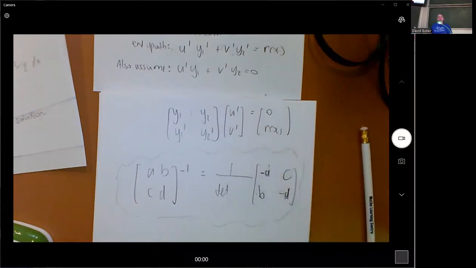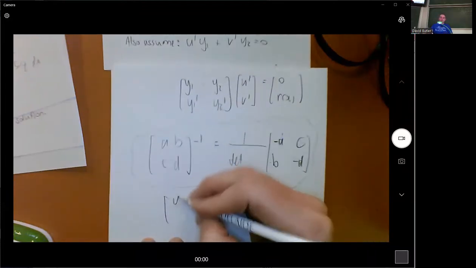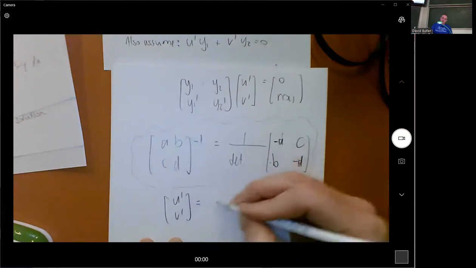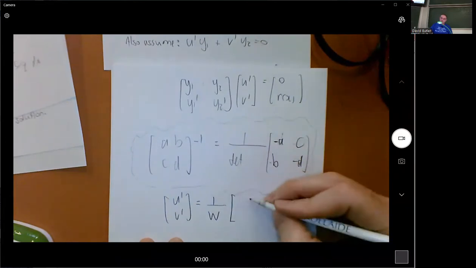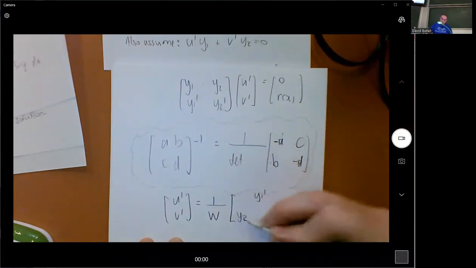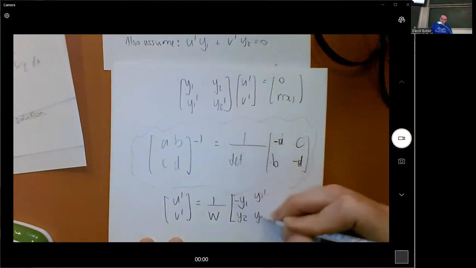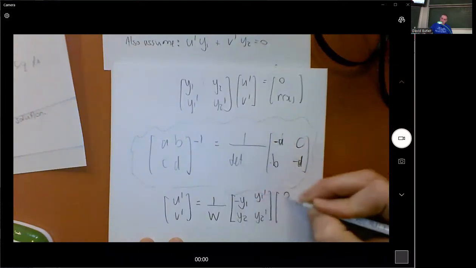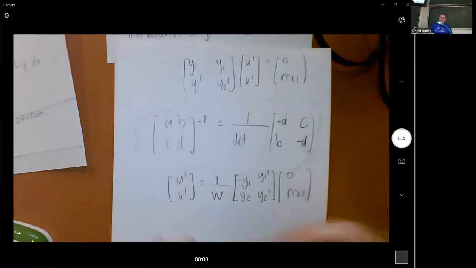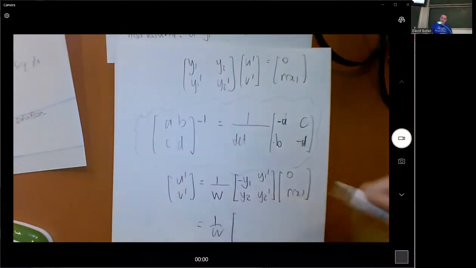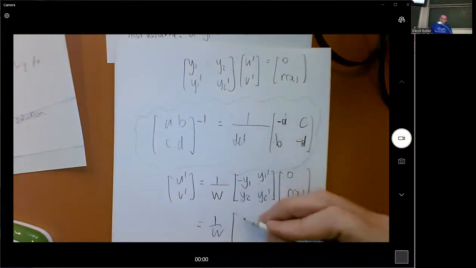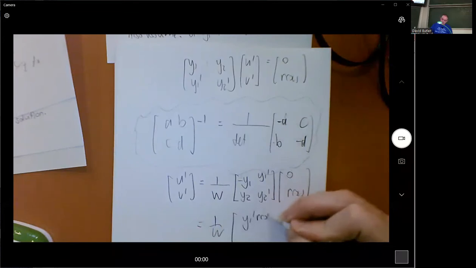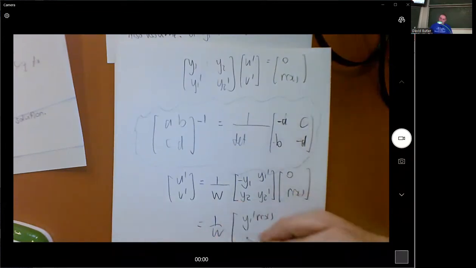Yeah. And so because of that, your u dashed, v dashed is going to be 1 on the Wronskian times switch these two and minus these two, times 0 and R of x. And so you'll get 1 on W times this vector, which is that times that, and that times that.